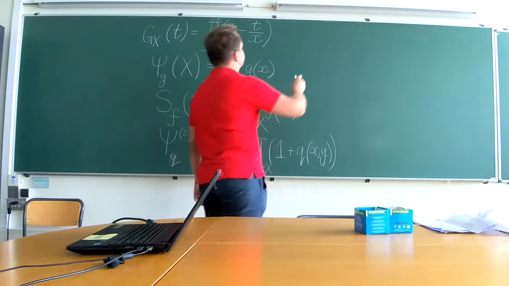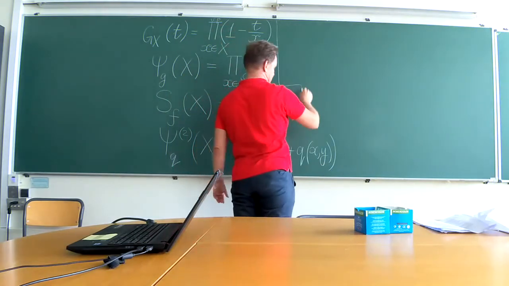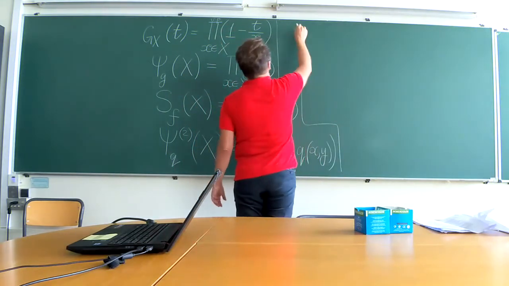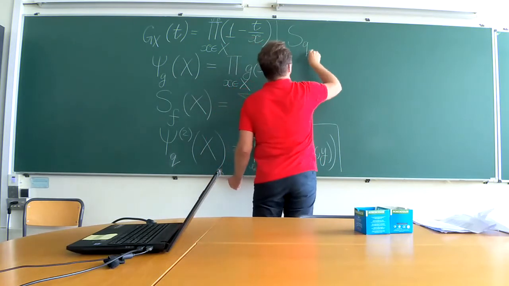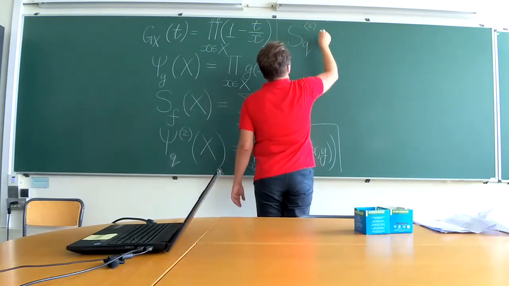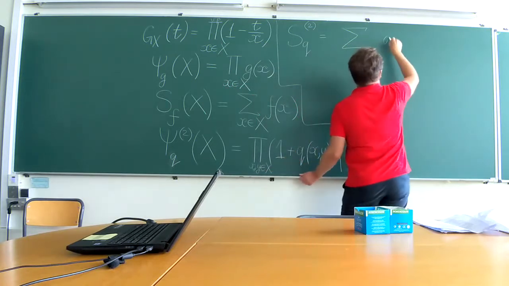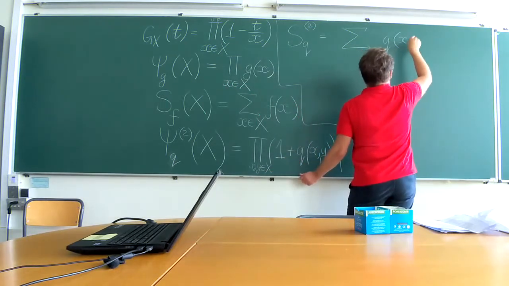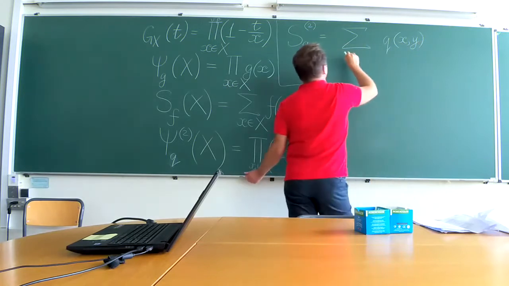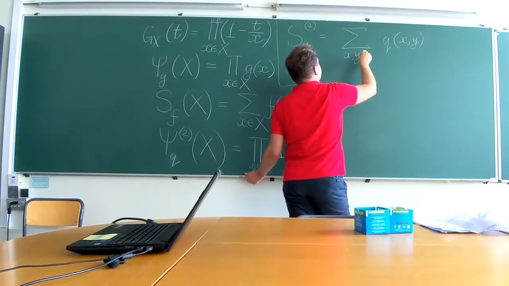Or you can think that if they coincide, q is equal to 0. Also, of course, we need this S_q2, which is the sum of q of x, y, where x, y are distinct.